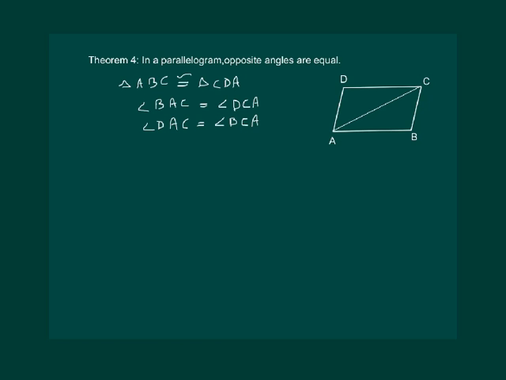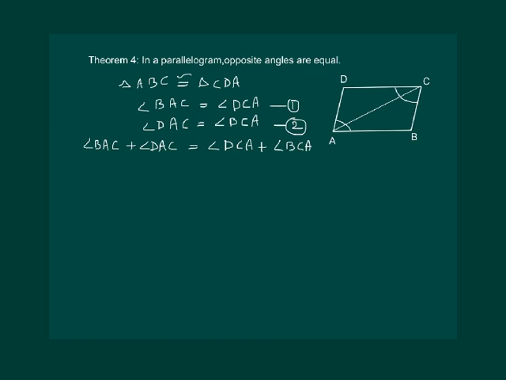Now let us add the two implications. We get angle BAC plus angle DAC is equal to angle DCA plus angle BCA.